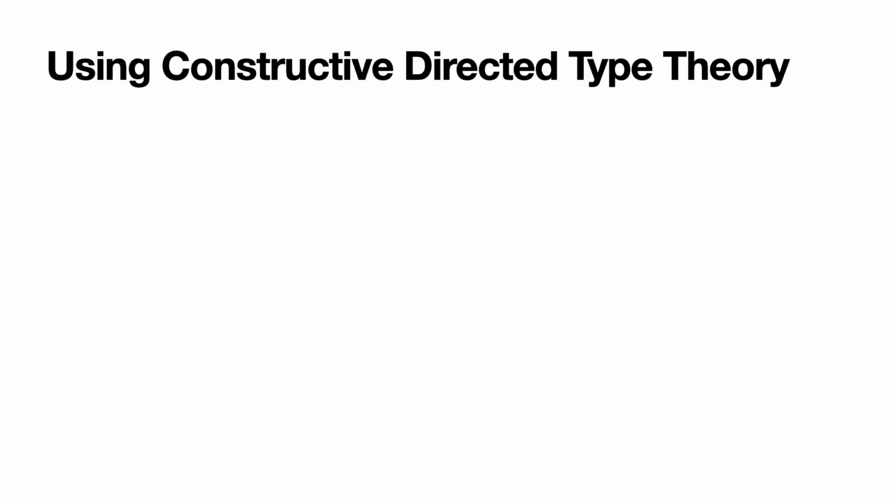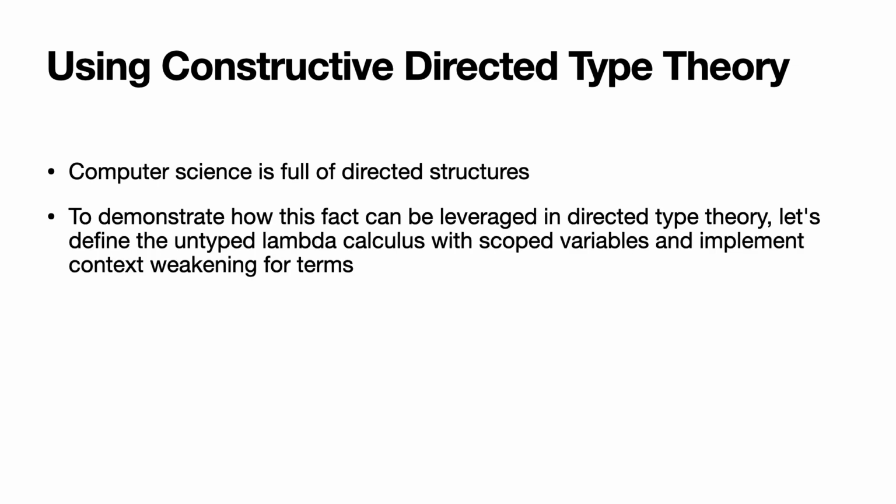Let's now see what using directed type theory for formal verification could look like. So, as we all know, computer science is full of directed structures. And as I mentioned earlier, we're going to see how we can take advantage of this fact when working in directed type theory by defining the untyped lambda calculus with scoped variables, and we're going to define how to weaken terms by introducing new variables into their scope.